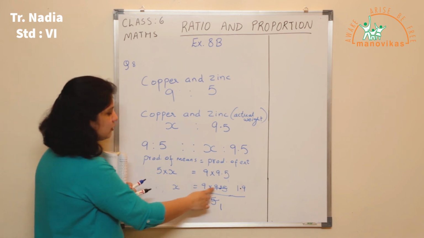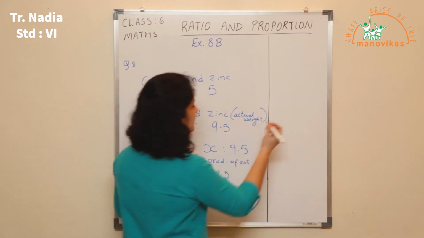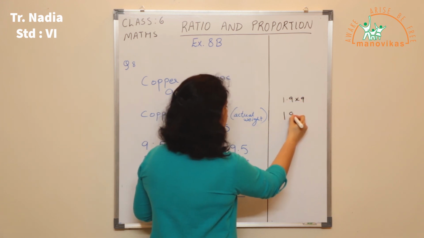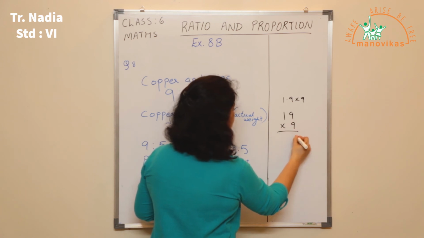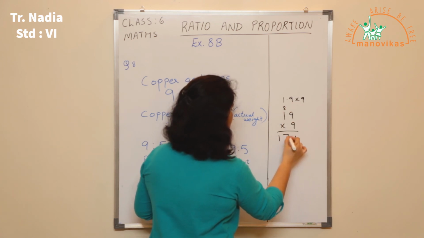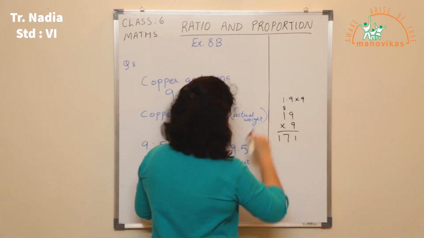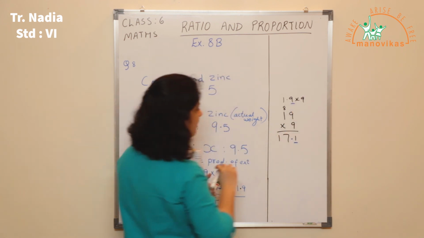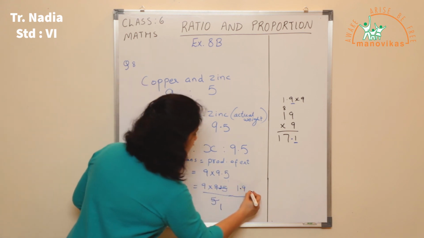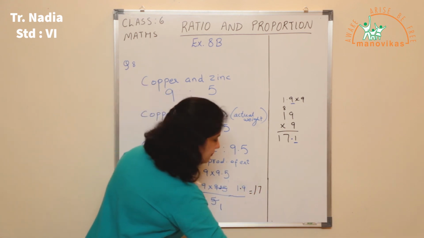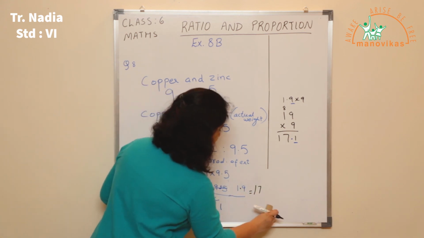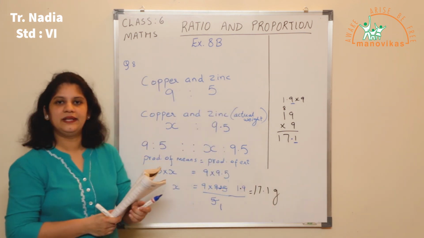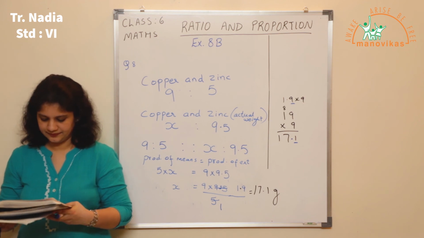Now to find x, you have to do 9 into 1.9. Remove the decimal point, multiply. You get 171. Since your question had one decimal place, your answer will also have one decimal place. So your final answer will be 17.1 grams, and that will be the weight of copper.